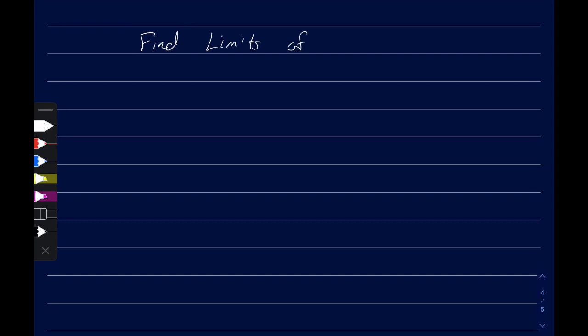So how do we find limits of sequences? So finding the limits of a sequence. Well, there's a really easy procedure, and we actually just bring it over to a function and evaluate the functional limit. So we're going to replace a_n with f of x.